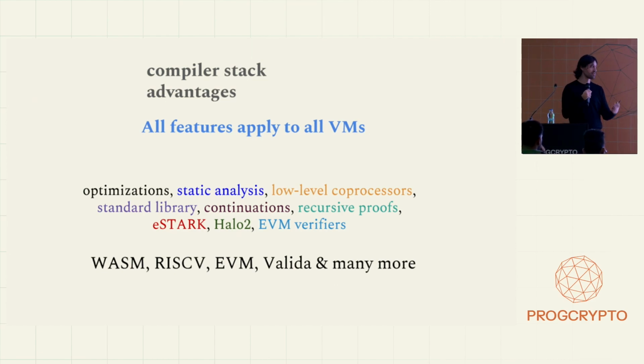So continuations, recursive proofs, optimization, static analysis, low-level coprocessors that we can use in Rust, a module system, a standard library, and eSTARK, like multiple provers, all of them work automatically for every single VM that you try to use, be it WASM or RISC-V, and so on. Everything that's built for the compiler automatically scales to every single VM that you're using. So this is my main point from the compiler stack approach that I wanted to present today.